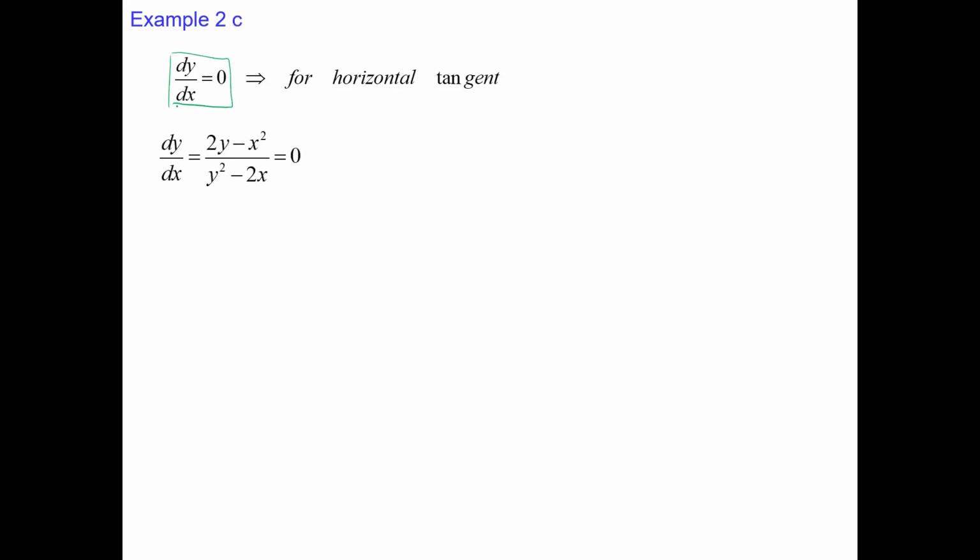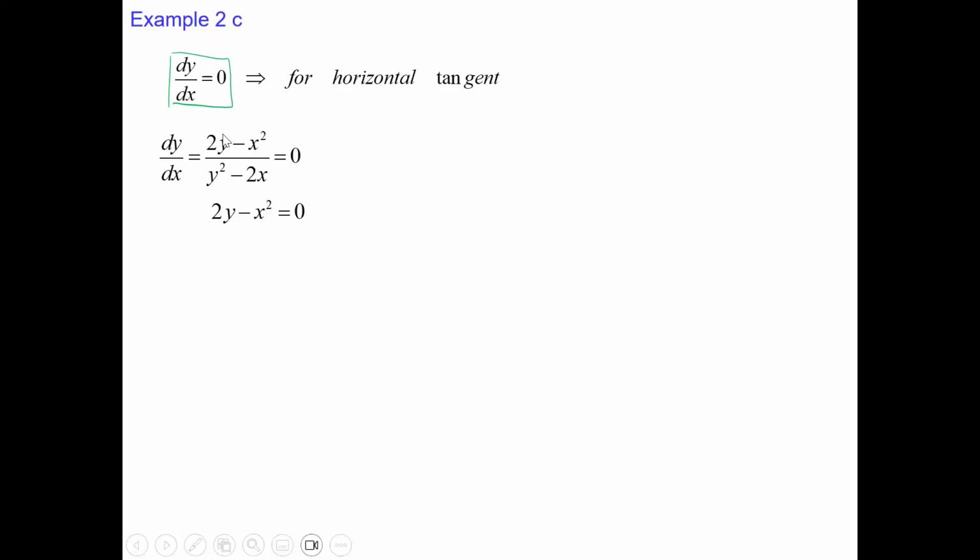Okay, let's get the formula. That was the formula. This fraction must be 0. A fraction is 0 if and only if the numerator is 0, because here we are not concerned with the denominator being 0. If the denominator is 0, the derivative is undefined, but we're not looking at this.